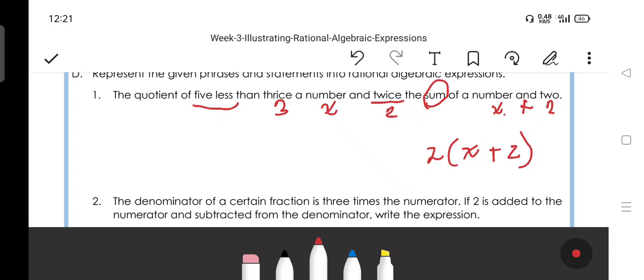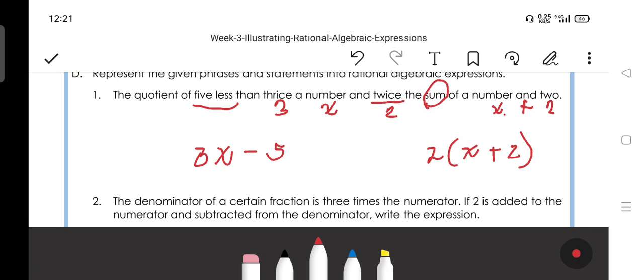We should be very careful when dealing with this kind of verbal phrase in mathematics. 5 less than means we put this at the end of thrice a number, so thrice a number minus 5.